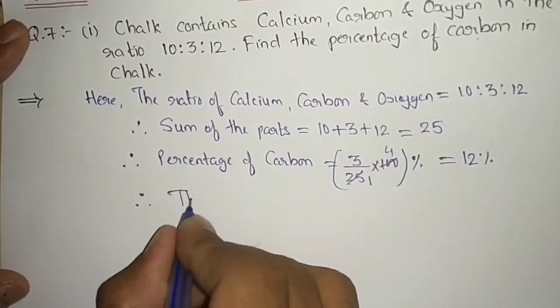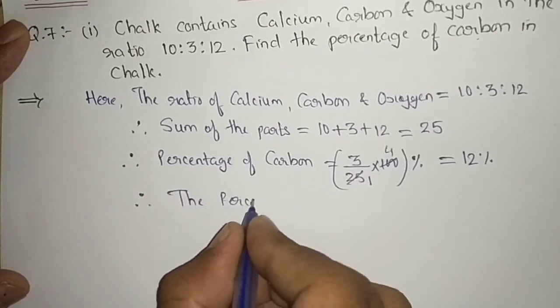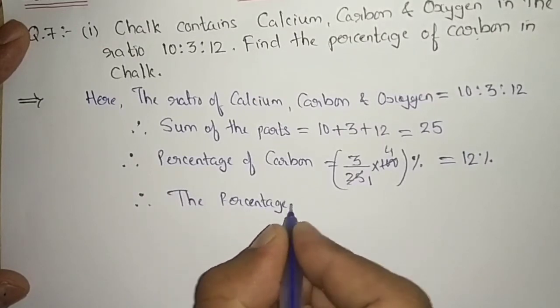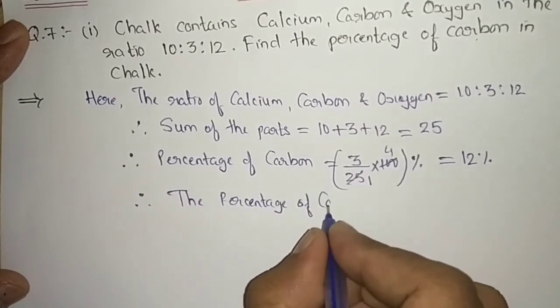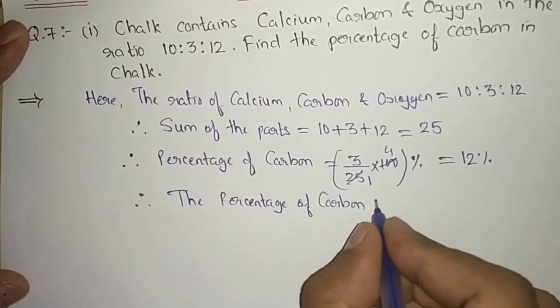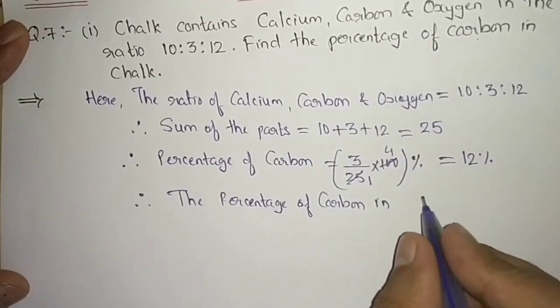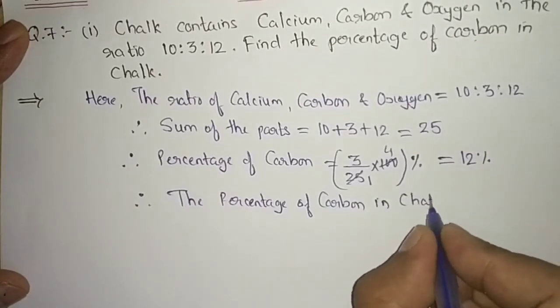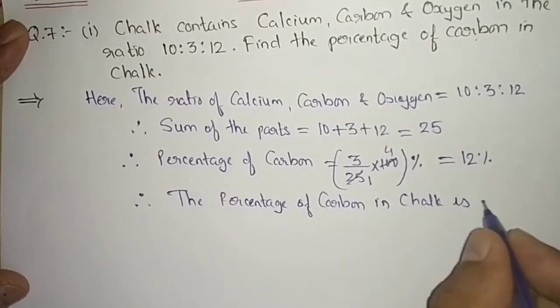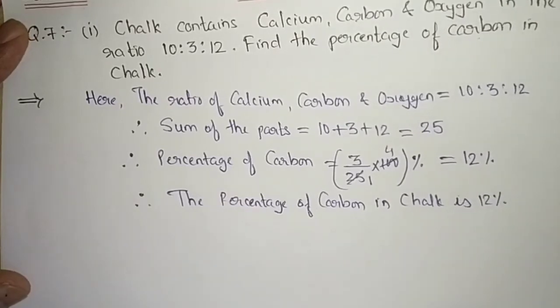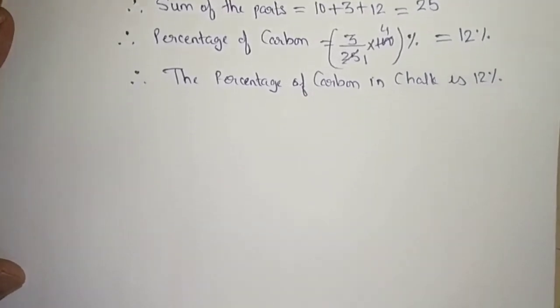Therefore the percentage of carbon in the chalk is 12%.